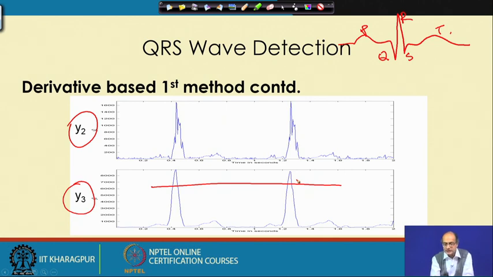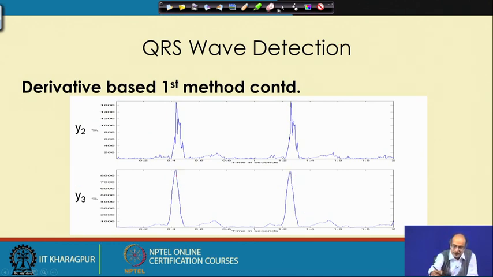The location of R is usually taken as the tip of that signal. So, that is also called a beat, and it helps us to get how many beats of ECG we have gone through.